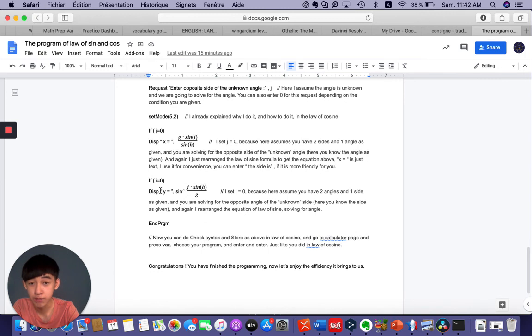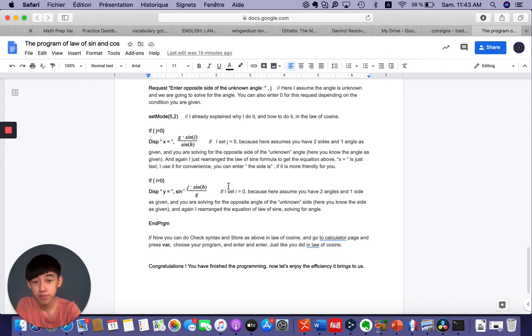And then I put if i equals 0, and then I put the inverse sine for this because I want to find an angle. So here you are given two angles and one side, and it doesn't have to be ASA or AAS. It can be both cases. And you are trying to solve for the opposite angle of the unknown side.